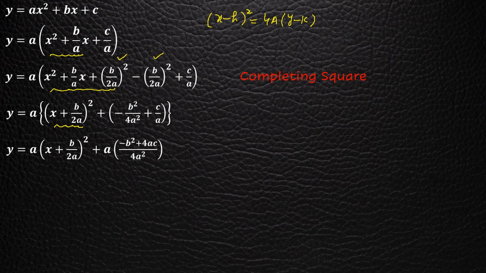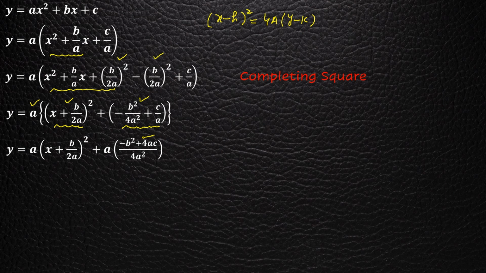After simplifying, we get y is equal to a into x plus b over 2a whole square plus a into minus b square plus 4ac over 4a square. Here a has been multiplied with both terms. Also, this term has been obtained by taking the LCM.